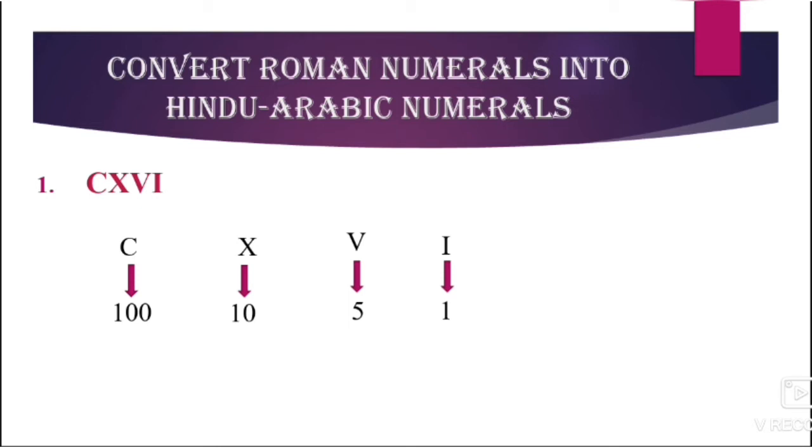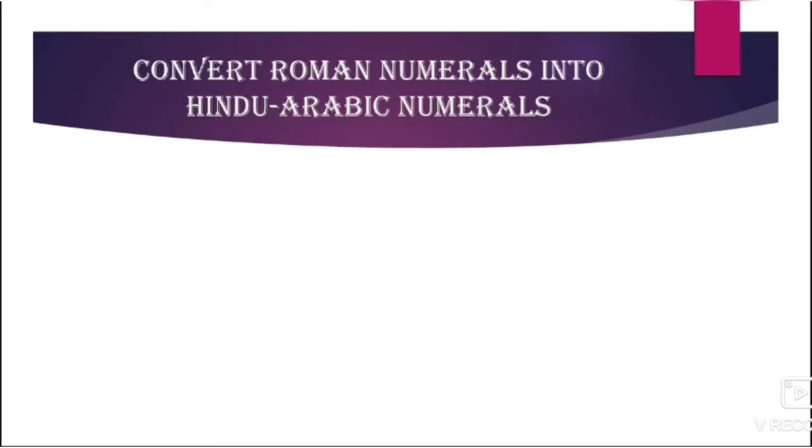So, add 100, 10, 5 and 1. Adding together, we will get 116. So, the answer is CXVI is equal to 116.